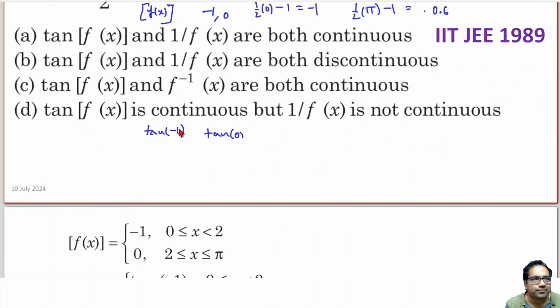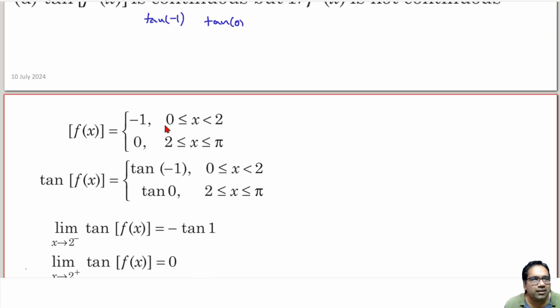When x is less than 2, we are talking about half of x minus 1. When x is less than 2, obviously the greatest integer function of f of x is less than 0, so it should be minus 1, or otherwise it is 0. That's what we have figured out.